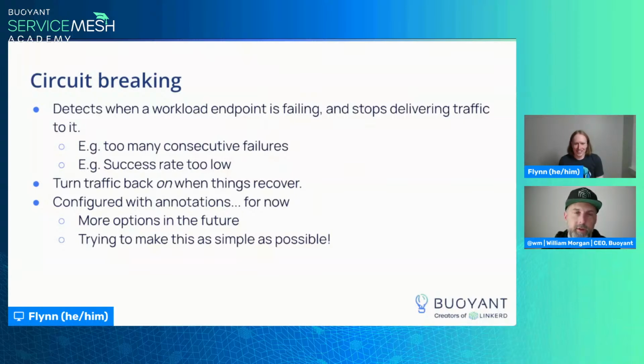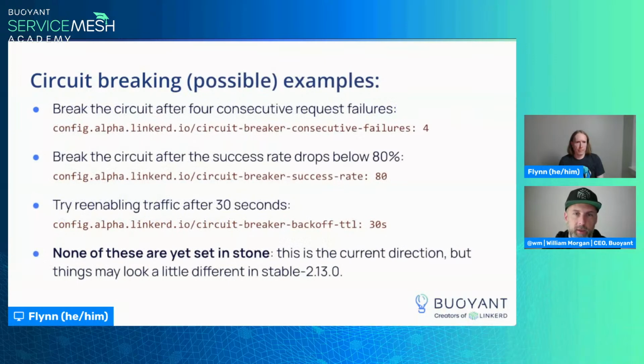We're going to configure this for now with annotations. I think there's more to do here, and it's not entirely satisfactory. So in 2.14, we'll probably start looking, or maybe even point releases, at other ways of giving you a little more control. But annotations are very easy and straightforward right now. So that's how it's going to land in 2.13.